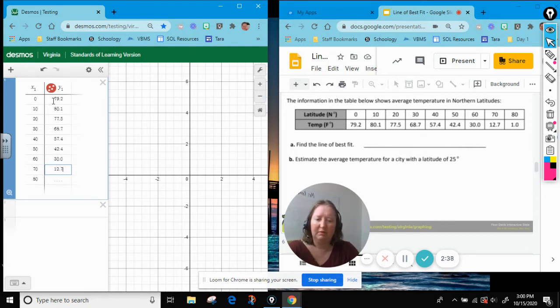Seven and 1.0. Okay, now I have all of my data in the table.